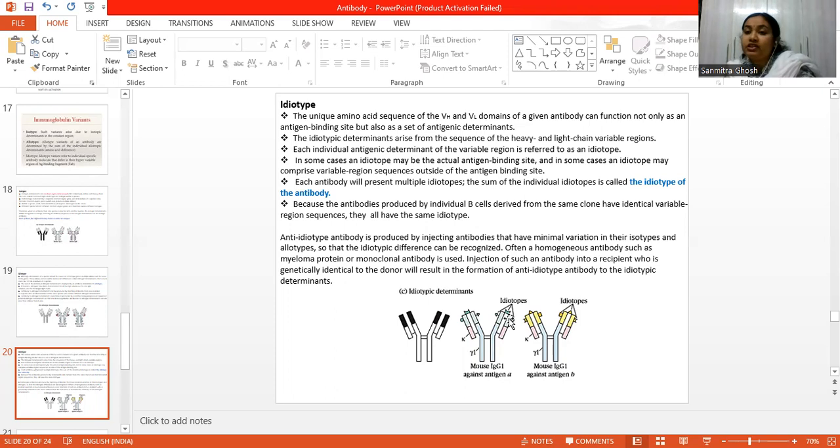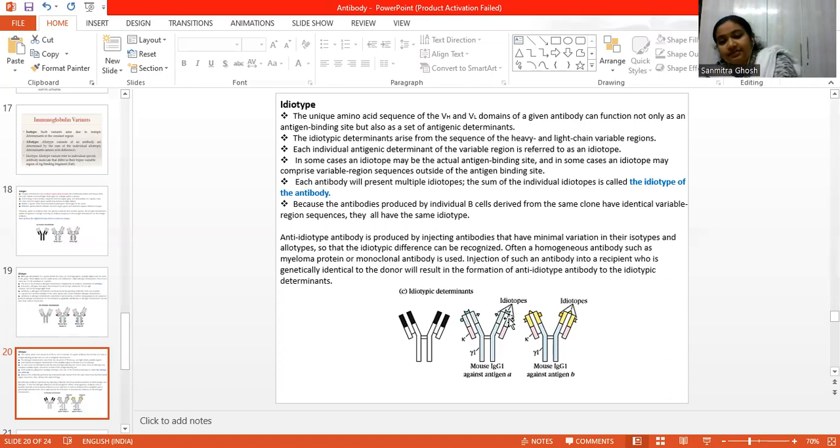Now here I have mentioned a word, that is the monoclonal antibody. Today we will be ending this presentation with the definition or explanation of the concept of monoclonal and polyclonal antibodies.